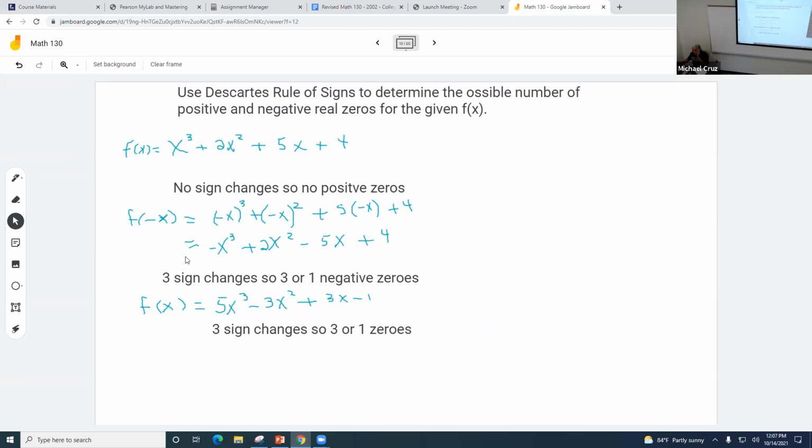All right, then you can just do the other one, the f of negative x. So this one's going to make this one negative. This one's going to stay the same.